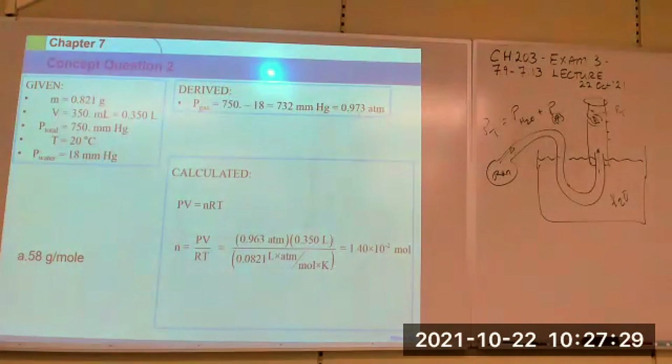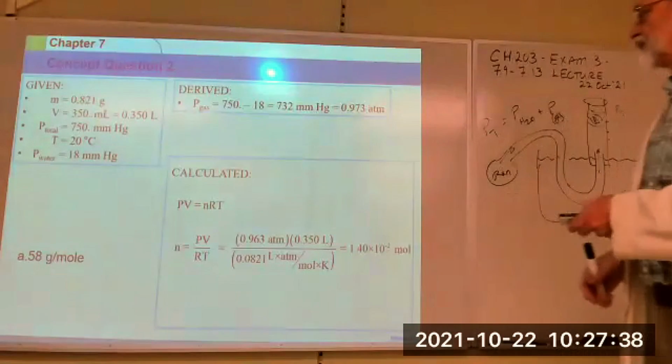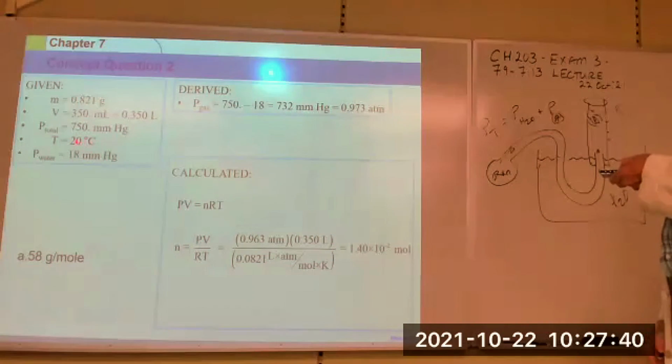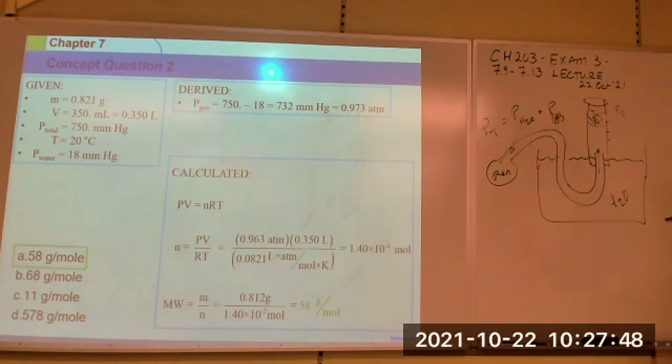Never noticed that before. So we convert this temperature, add 273 to it, and put it right there. Then we know that we've got this mass and this many moles. There's our calculation, 58 grams per mole. So we could do this in the lab.